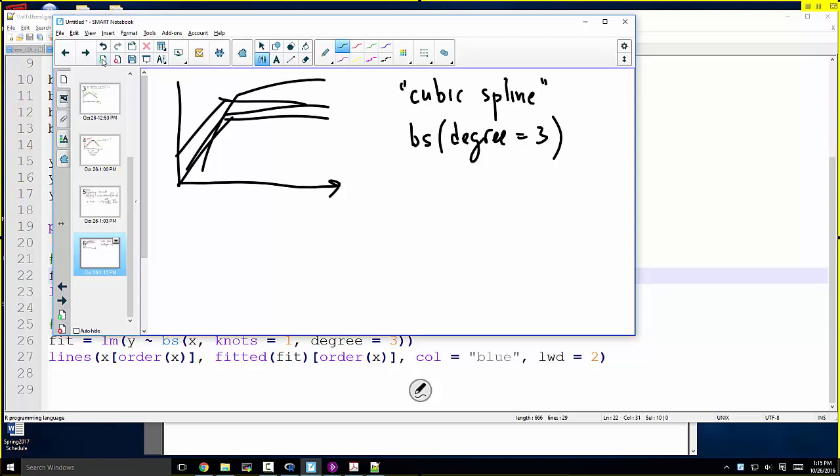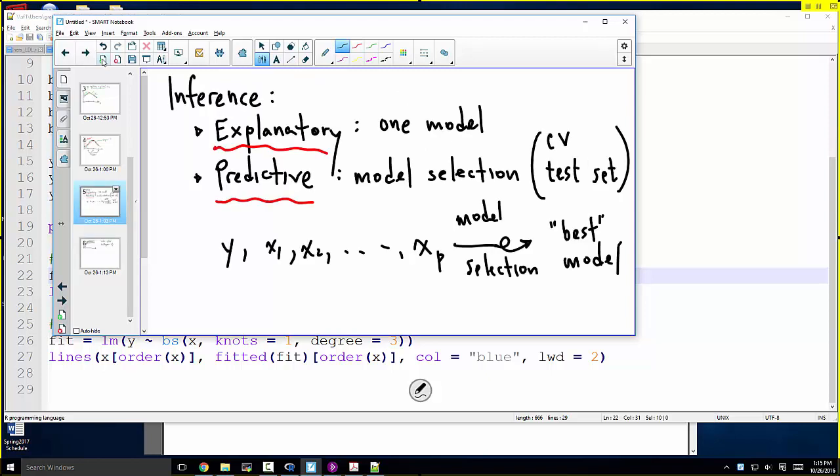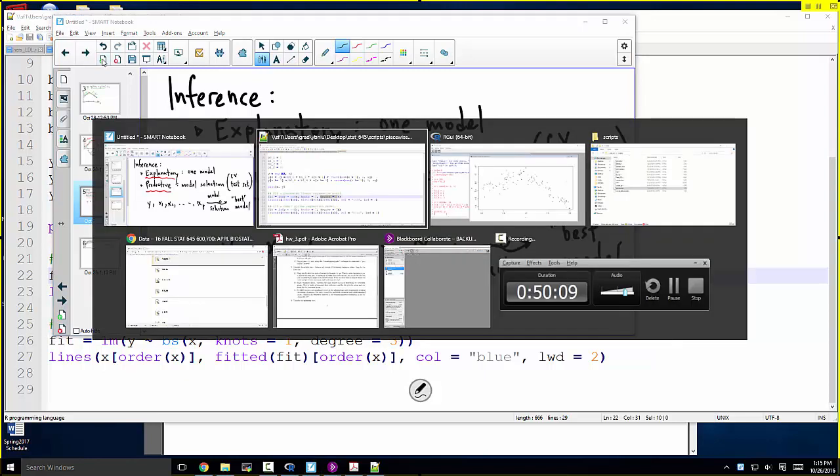So just to reiterate, if we're doing this explanatory inference, I would not recommend let's try a piecewise linear, and let's try a cubic spline, and let's try a degree 5, and pick the one that has the nicest looking results. That's inviting mistakes and overfitting. Is that okay?